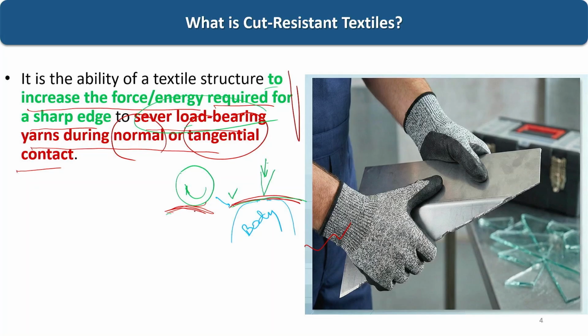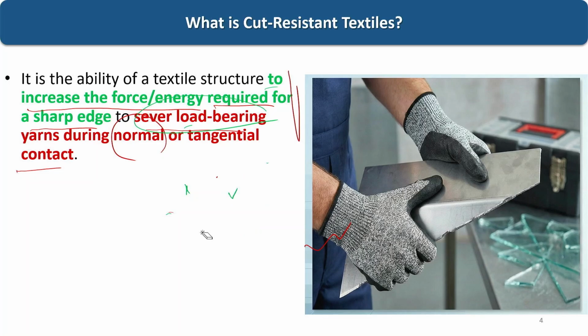The blade is rotating and there is tangential contact. So, for both these contacts our yarns or fabrics should be able to withstand.